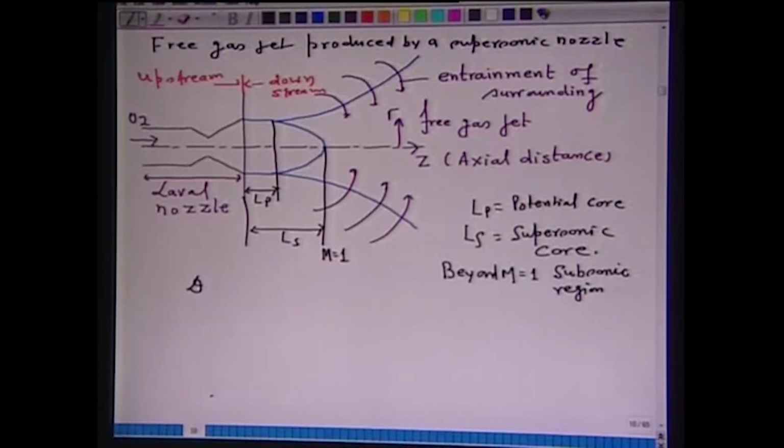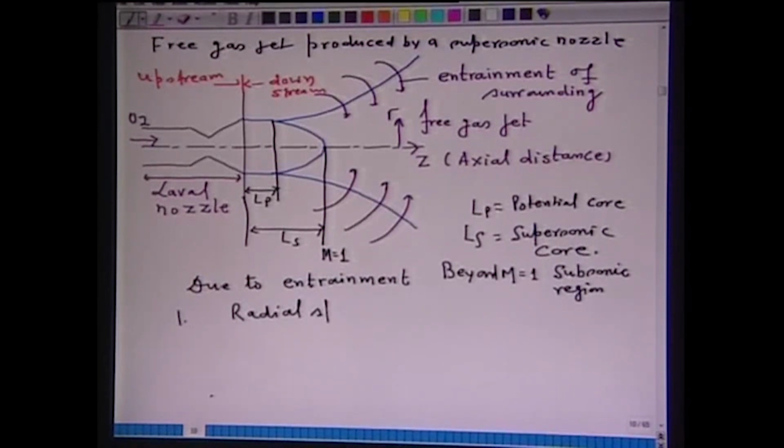Due to entrainment of surrounding, number 1, radial spreading of jet.